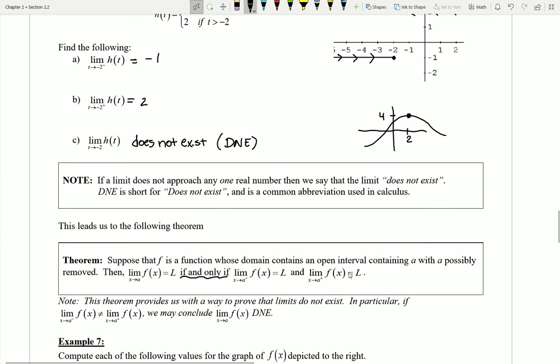If these two things are not the same, then that means the overall limit can't have a single real number value, and so it does not exist. So this is a really powerful theorem, and it's actually one of our really, really big ideas of this section, and we'll see how we use that, as well as many of these ideas that we've discussed already, in example number 7, which we'll cover in the next video.